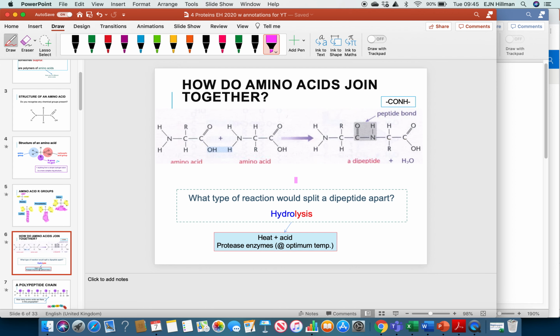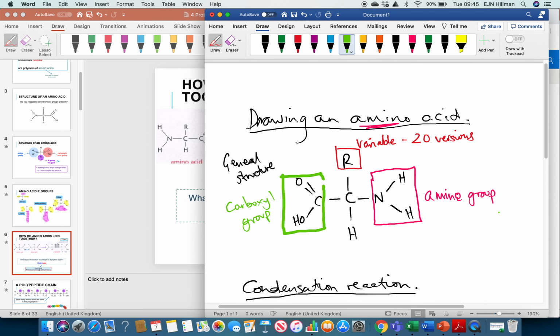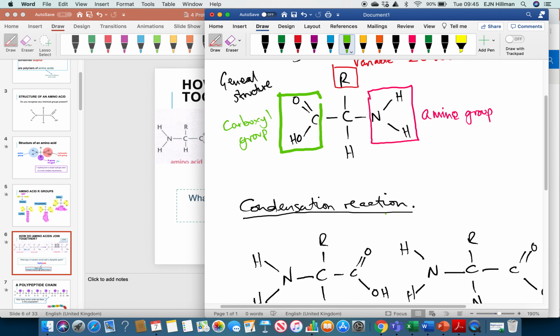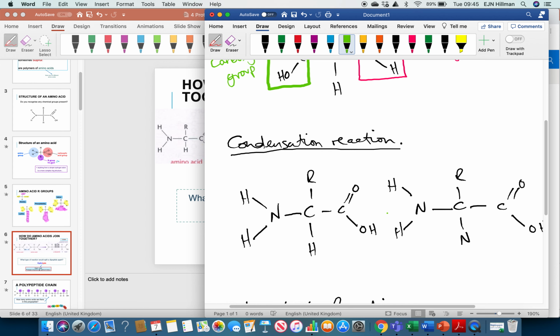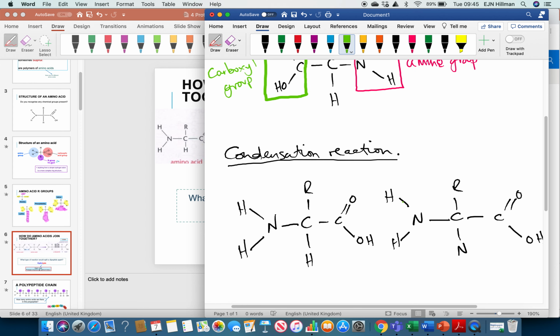So, what we want to know next is how do those amino acids join together? So, let's draw that. Just as you will have done with carbohydrates at this point, we know that when two monomers join together, it involves a condensation reaction. And in a condensation reaction, we get the production of a dimer.